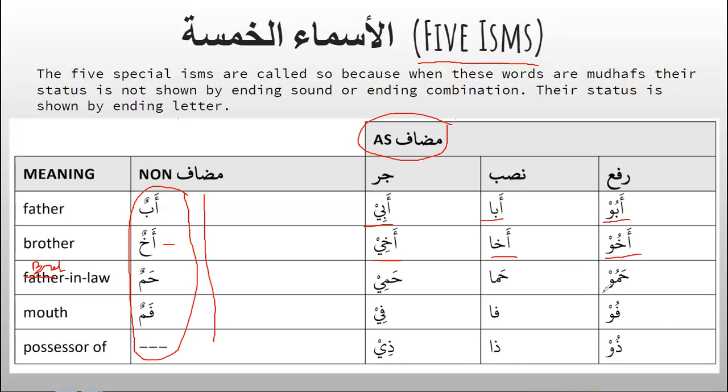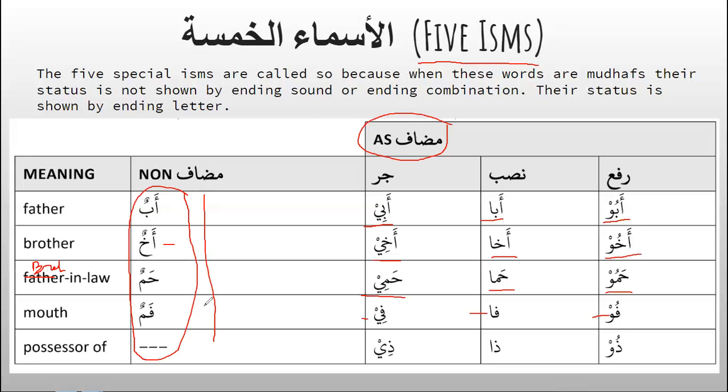Also the same for hamun: hamu, hama, hami. And Famun is a little bit stranger than them, because Famun, Faman, Famin is the normal form. But when it acts as mudaf, the meem is altogether gone and it will become Fu, Fa, and Fi.